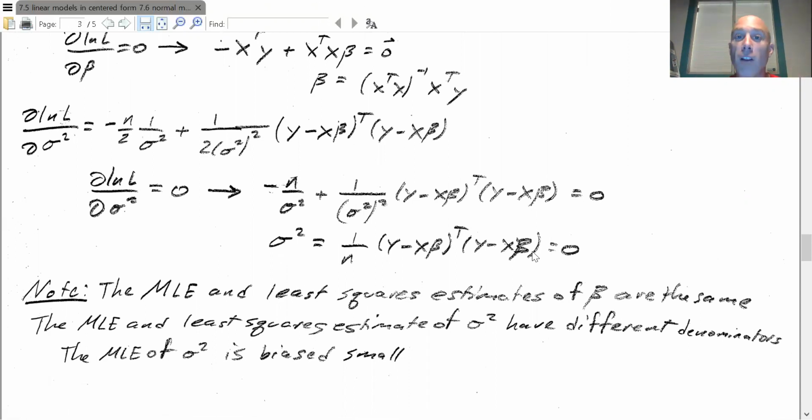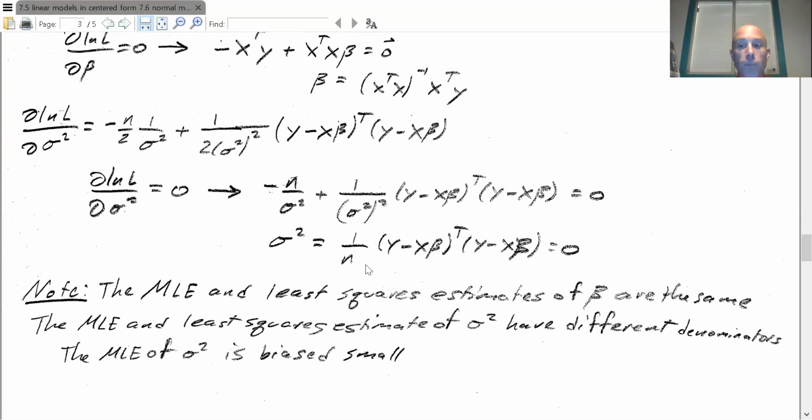This is very close to our unbiased estimate. Our unbiased estimate would have a denominator of n minus k minus 1. Here we're just dividing by n. So our maximum likelihood estimate of the variance and our unbiased estimate of the variance are slightly different. They're very close, but they have different denominators.